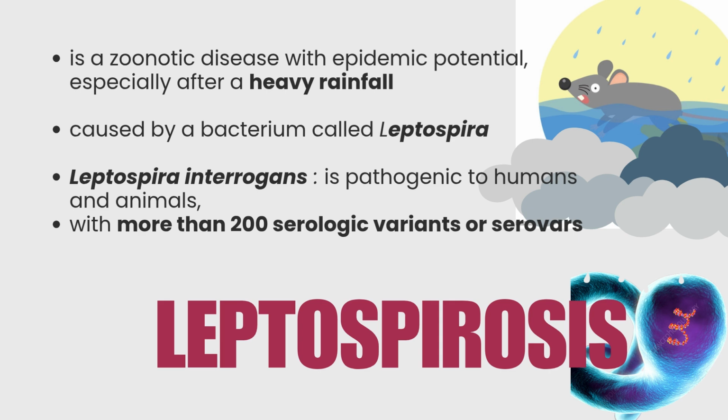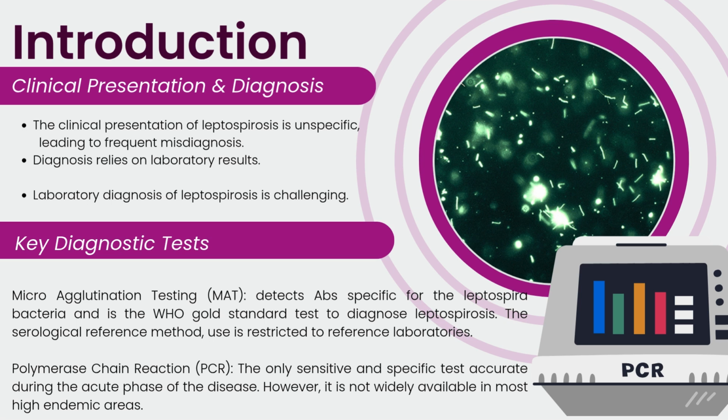This diversity is key to understanding why leptospirosis can be so widespread and challenging to control. While it may seem daunting, recognizing the potential for outbreaks helps in preparing and responding effectively. As we move on, we'll dig into the clinical presentations and diagnostic challenges of this disease.